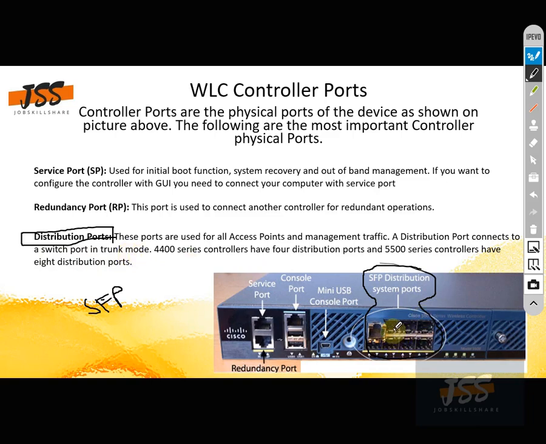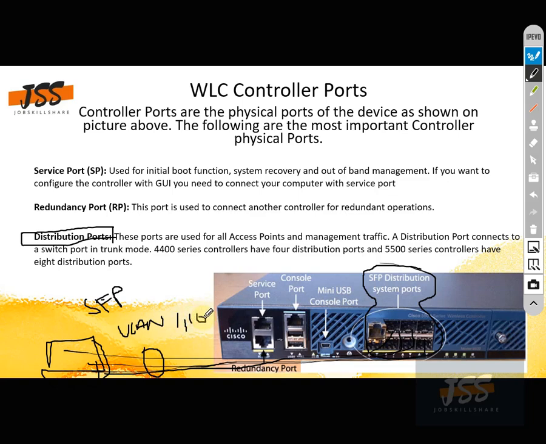Basically this device will be connected with some switches, and these switches will have some kind of VLAN information, like VLAN 1, 10, 20. So we can configure this as a trunk port as well, and you are familiar at this point with what a trunk is.